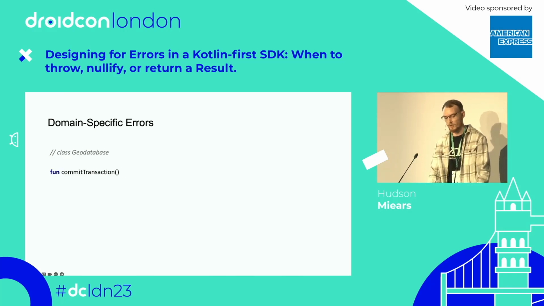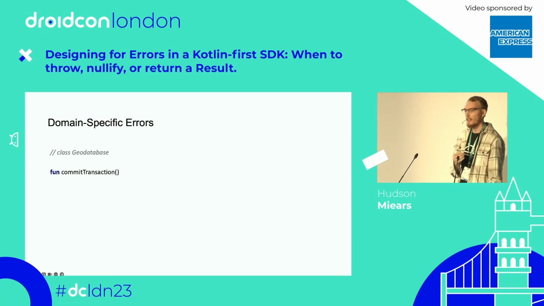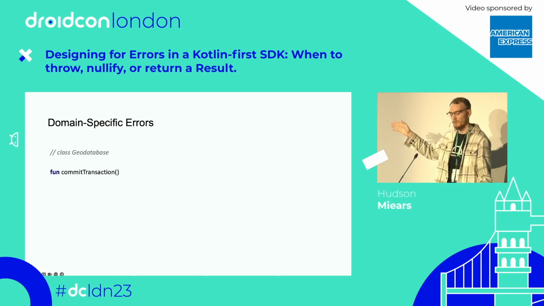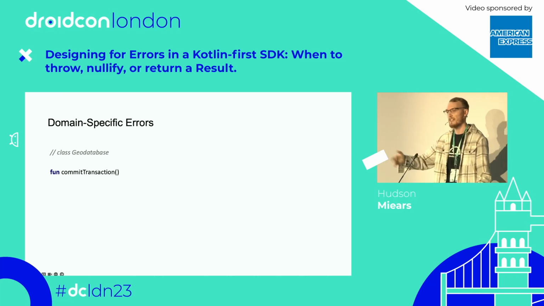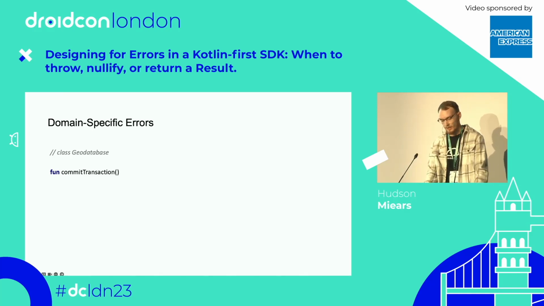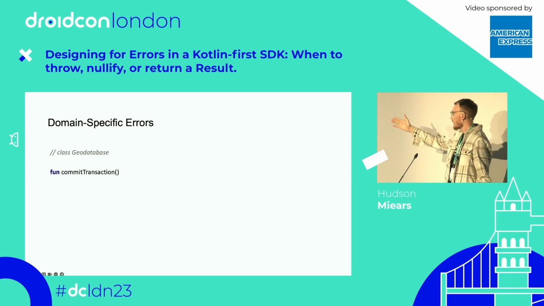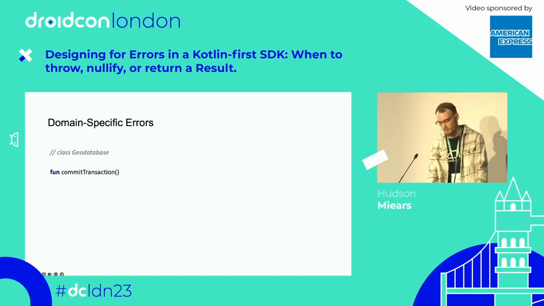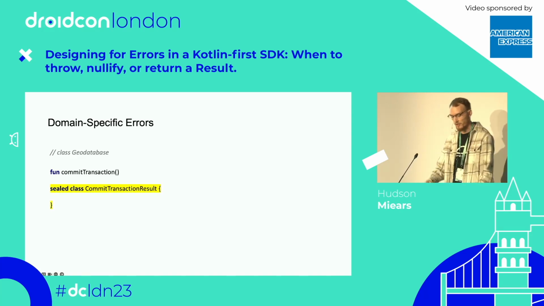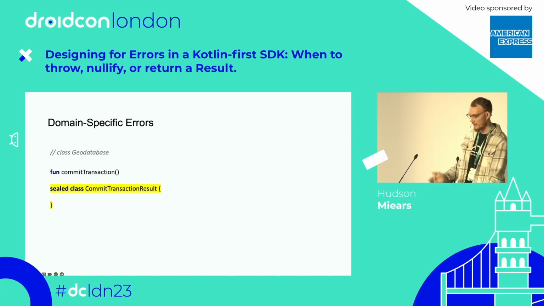Let's look at some example code for this. This is actually slightly modified from our real API, but we have a class Geodatabase. And this Geodatabase can commit transactions, so you can have a bunch of adds and then commit them all at once. Now, this function can fail if, for example, the transaction hasn't been started. So by default, this would just throw an exception. Instead, we can create a sealed class called CommitTransactionResult.